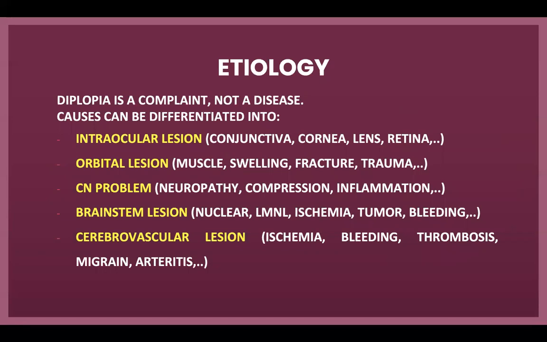We can differentiate the etiology by location or organ: intraocular, conjunctiva, cornea, lens, or retina; orbital lesion, the muscles, swelling in the orbit, fracture in the orbit, or trauma to the orbit; cranial nerve problem, like cranial nerve neuropathy, compression on the cranial nerve, inflammation, neuritis of the cranial nerves; brainstem lesion, like tumor, swelling, lower motor neuron lesion, bleeding, ischemia; or cerebrovascular lesion, like hemorrhage, thrombosis, migraine, arteritis, or ischemia. This is related to the location.